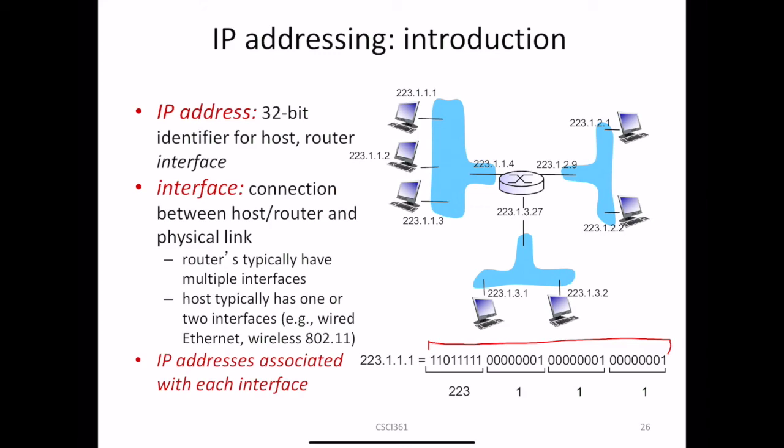Every 8 bits can be used to represent a decimal number. Therefore, the 32-bit identifier or IP address can be converted to this format, which is 4 numbers, and between 2 numbers, we use a dot to separate them. And this format we call dot decimal notation.